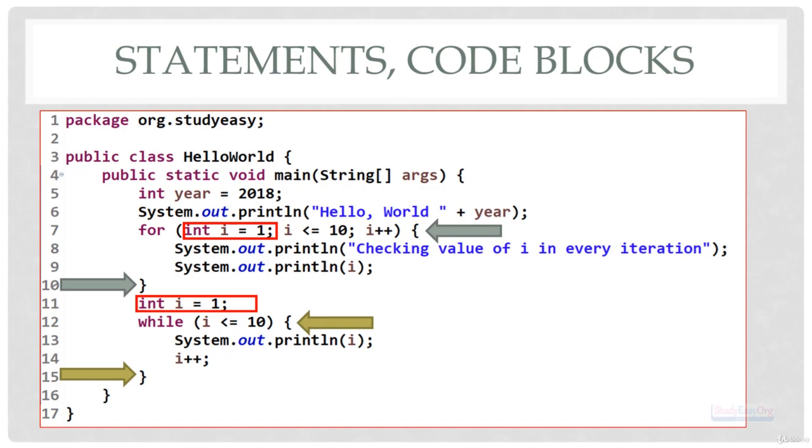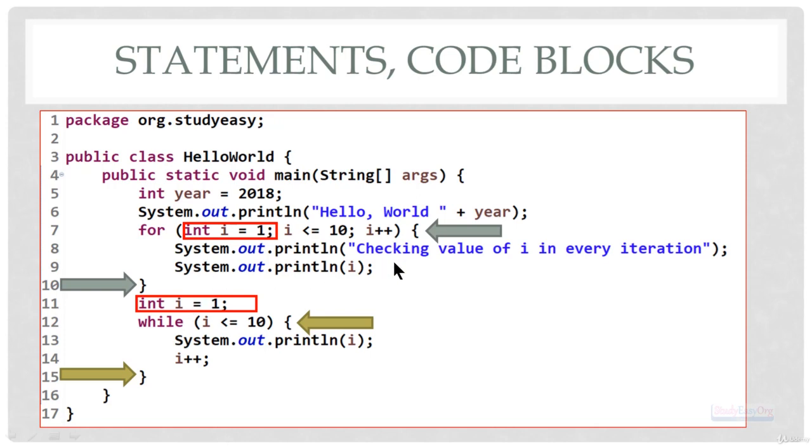So scope is something which is very important. As a result, the variable i within the for loop is not available outside the for loop. As a result, we need to create a new variable with the name i in order to use it inside the while loop. And definitely we can make use of any name. The name i is used in order to show you the impact of code blocks.